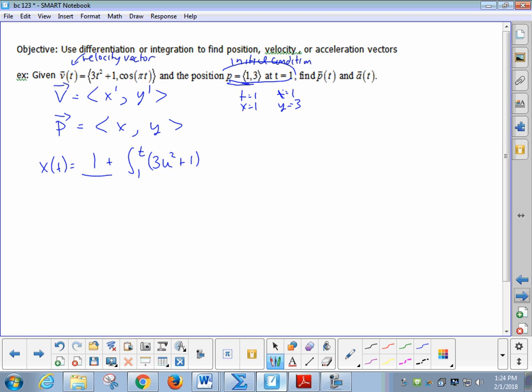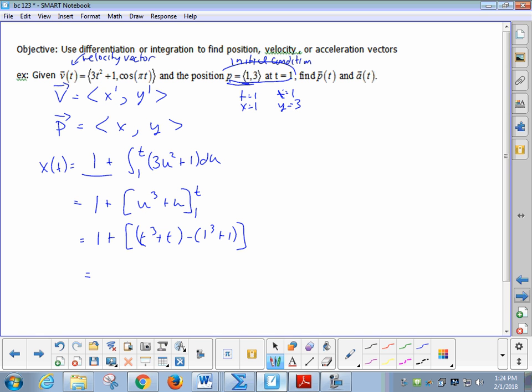Let's use something else that's not taken, like u or something, right? Antiderivative? u cubed plus u from 1 to t, that's 1 plus t cubed plus t minus 1 cubed plus 1.